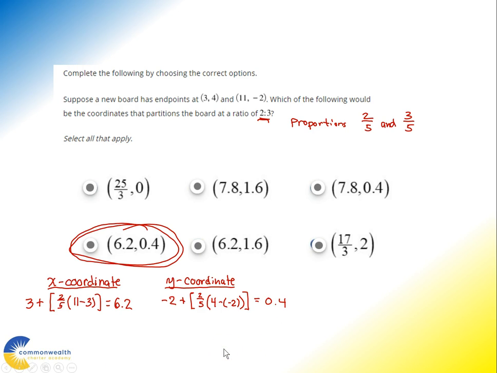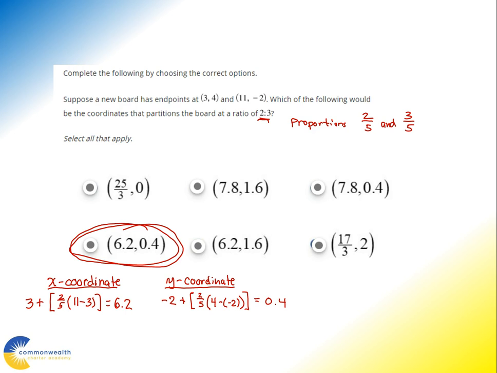So the first thing I did is I decided I'm going to use the 2/5 ratio, starting with the smaller x coordinate, 3. Between 3 and 11, I'm going to find 2/5 of the distance between the x coordinates, take 2/5 of that and add it to the smaller x coordinate. So I got 6.2 when I did that.